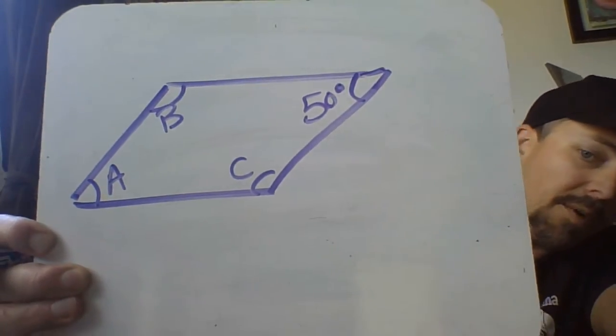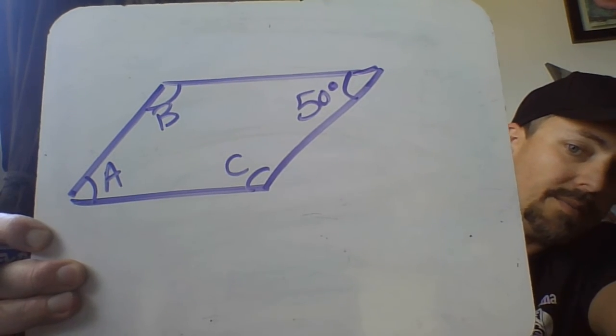Hopefully that makes sense. I will give you one more example of a quadrilateral to figure out here. This time I'm going to give you a parallelogram. This parallelogram is going to have one angle that you know, and you have to figure out all of the other angles. The one known angle is going to be 50 degrees on this parallelogram.